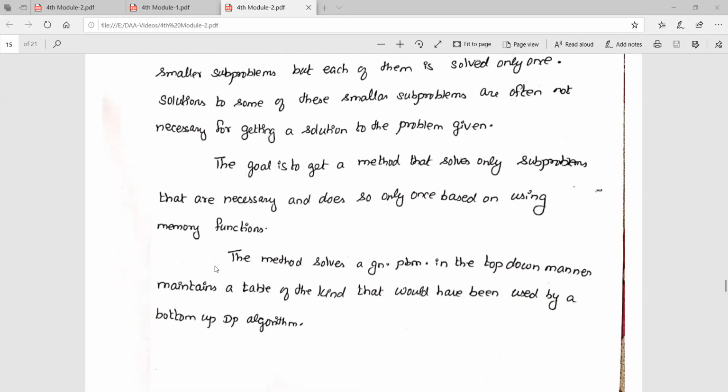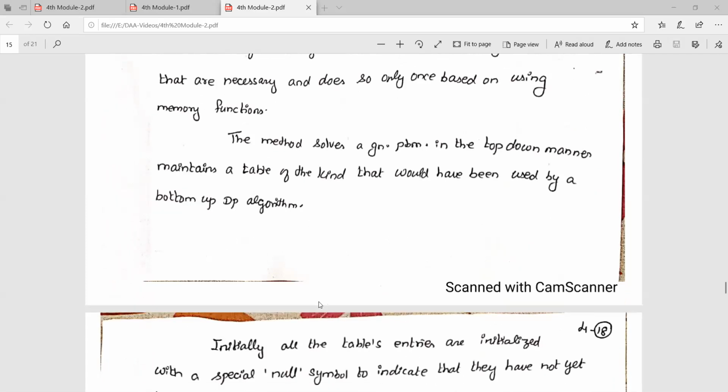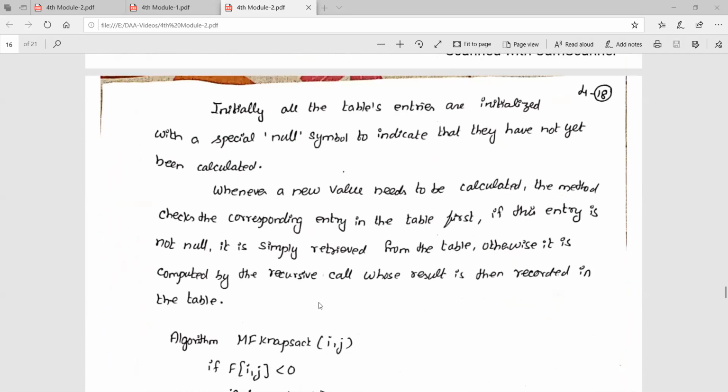Here the method solves the given problem in a top down manner, and at the same time we maintain a table of the kind that would have been used by the bottom up approach. So it is a combination of the top down and the bottom up approaches.